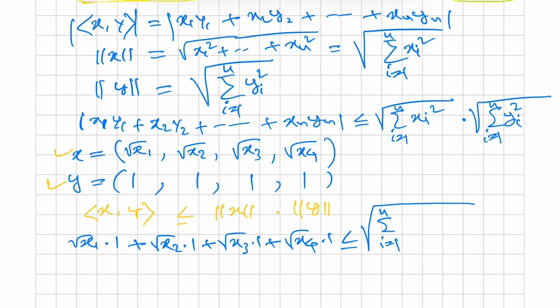The xi's are simply these square roots. So xi square is actually the original xi, because our xi is square root of x1, square root of x2, so we consider the squares of them.